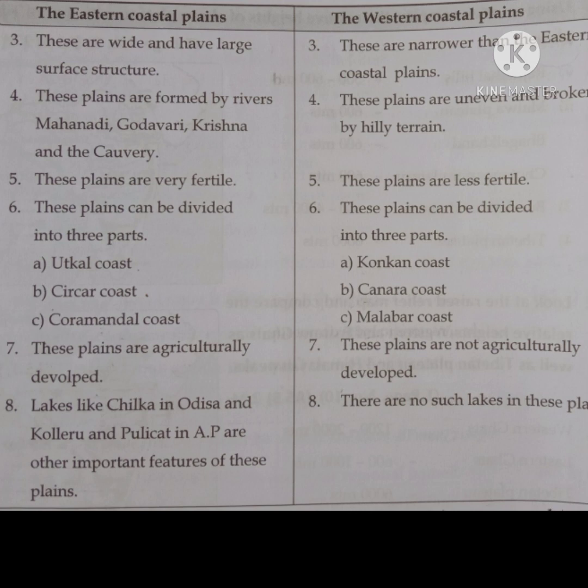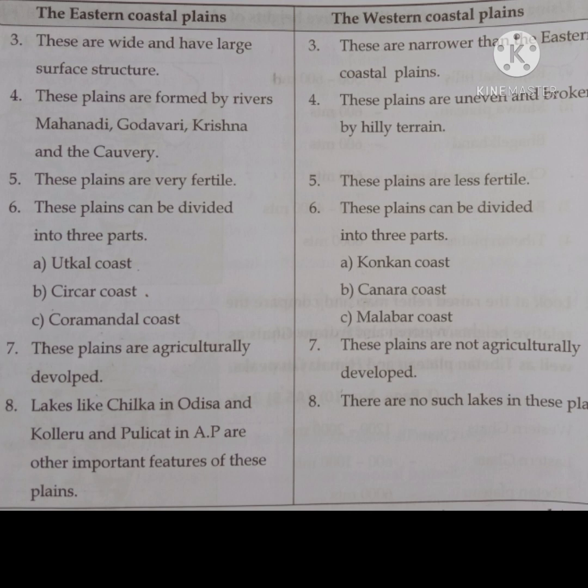Next, in the eastern coastal plains, lakes like Chilka in Odisha and Kolleru and Pulicat in Andhra Pradesh are other important features of these plains. In the western coastal plains, there are no such lakes.